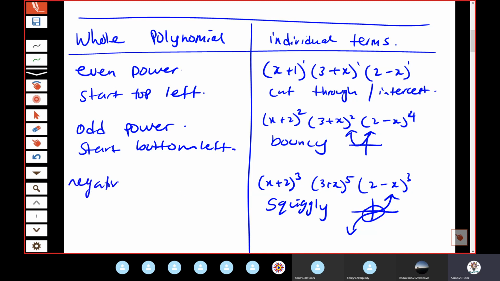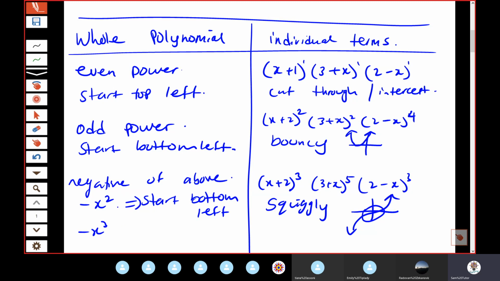Negative of above, so if it's negative of even power, where do you think you're going to start from? Start bottom left. And vice versa. If it's negative of x cubed or any odd power, instead of starting from the bottom left, you're going to start at the top left. So you flip them around.